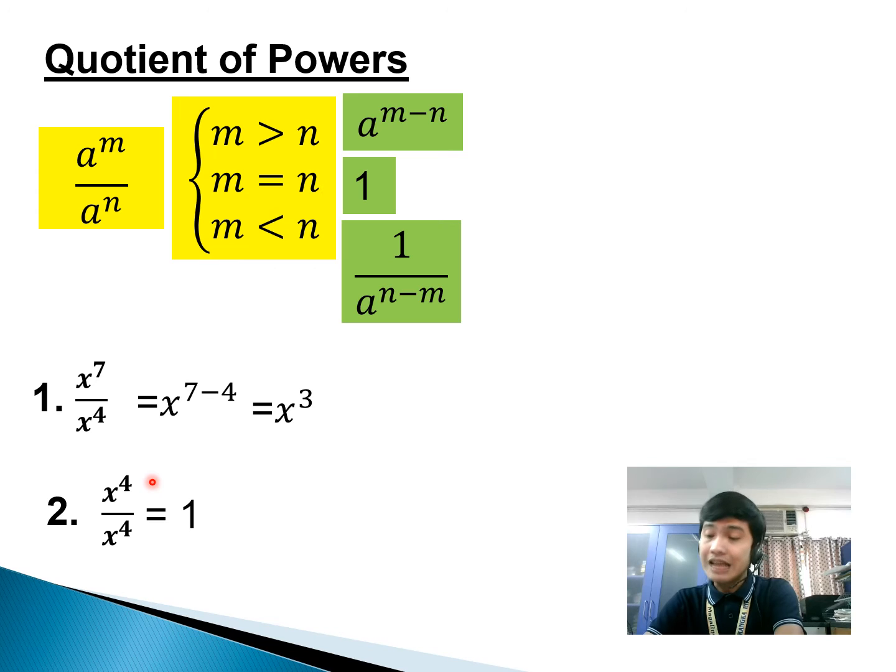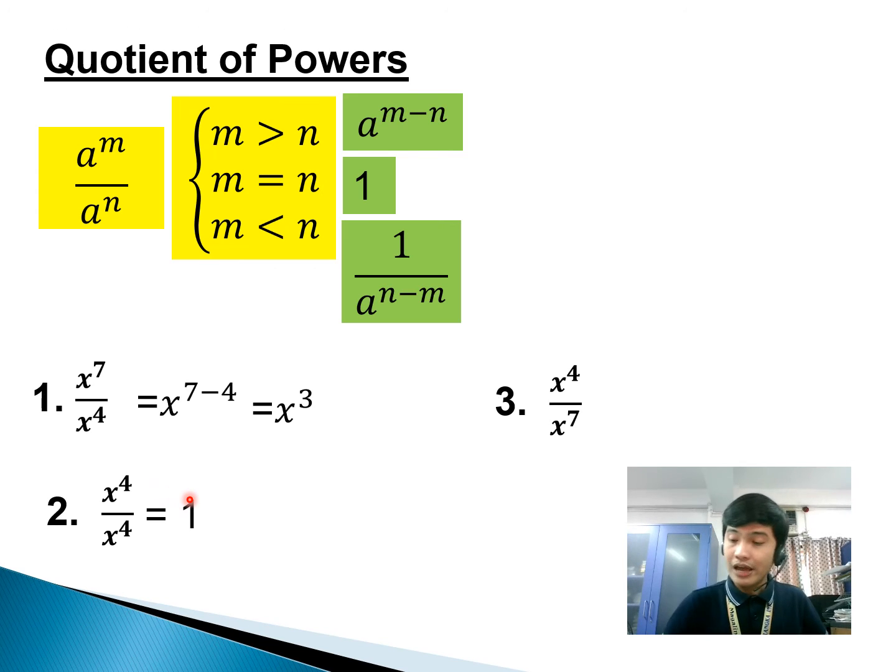Okay? Let us have number 3. So, x raised to 4 over x raised to 7. If you will try to check, same base sila. And if you will try to check, the exponent in the denominator is much bigger doon sa exponent ng expression na nasa numerator natin. Ulitin ko iyon.